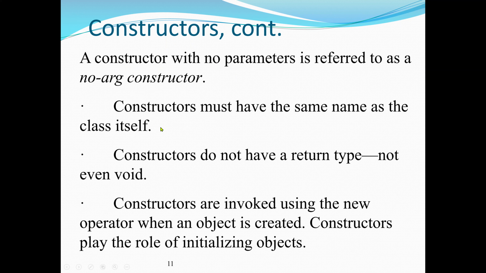Now, constructors must have the same name as the class itself, which we said. Also, constructors do not have a return type, not even void. And also, constructors are invoked using the new operator when the object is created in the main method, and we saw this example. So for example, I have a class named Circle.